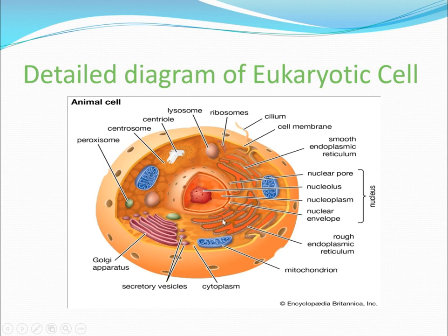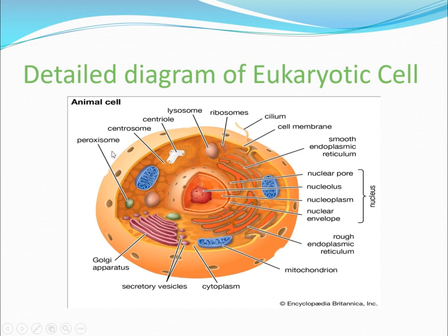Now here we can find these orange structures as rough endoplasmic reticulum. This is the mitochondrion, and these blue-like structures are the food factory of the cell. This viscous liquid is the cytoplasm, and these tubules are the secretory vesicles. These are the Golgi apparatus and peroxisome.